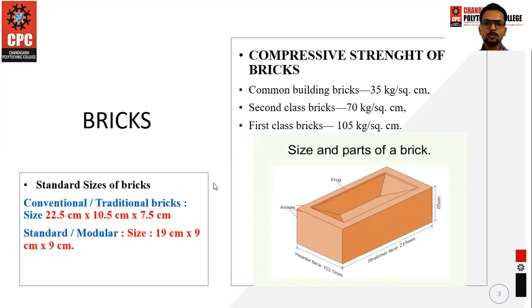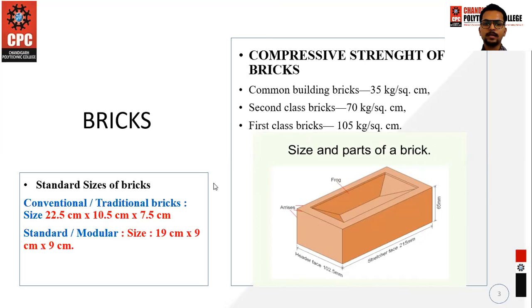Then there is the standard and modular size of bricks, that is 19 centimeter length, 9 centimeter width, and 9 centimeter height. As you can see in the diagram, there are three faces of a brick. The first is the stretcher, that is the length of a brick. It is 22.5 centimeter in length, or in the standard size, it should be 19 centimeter. Then we have the width of a brick, which we call the header part.